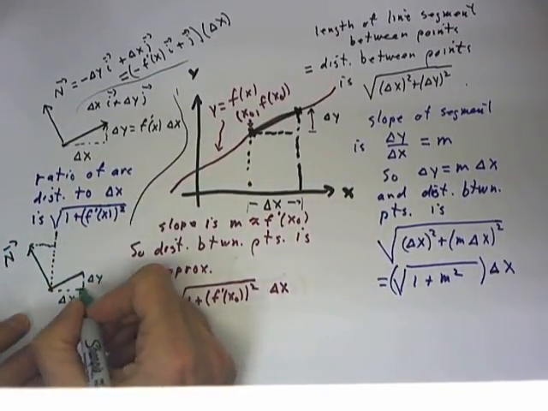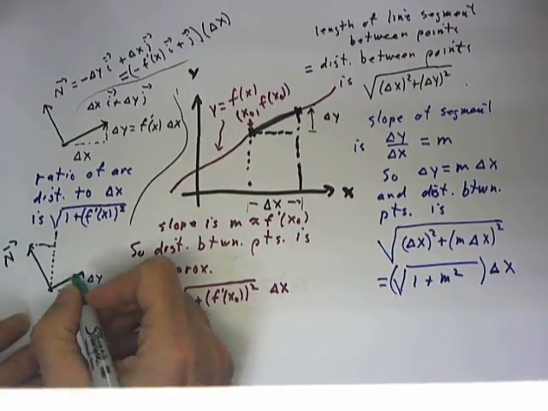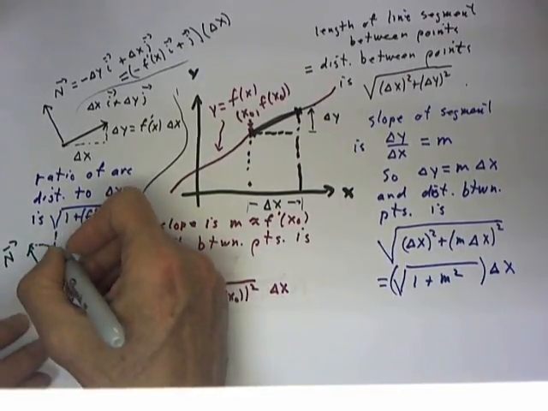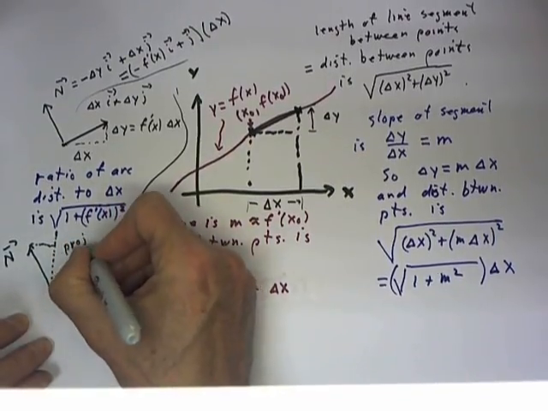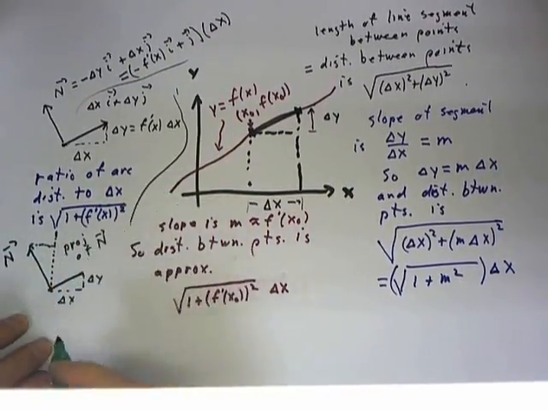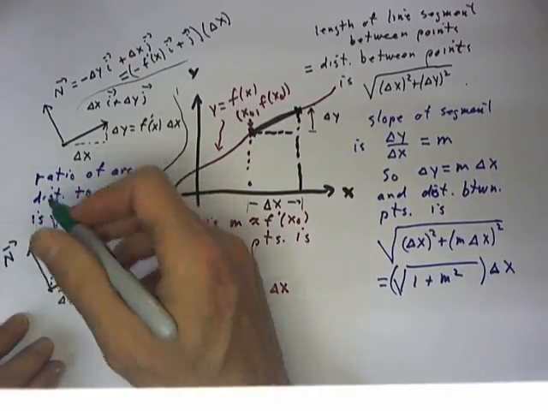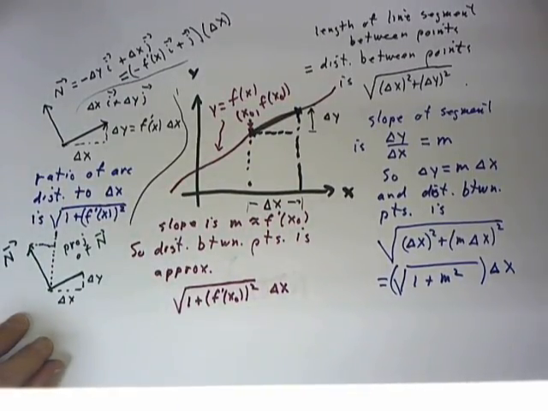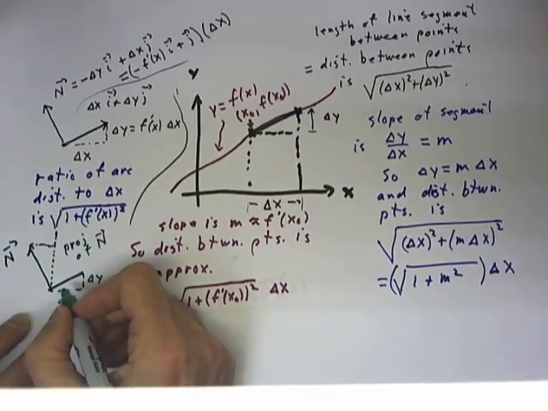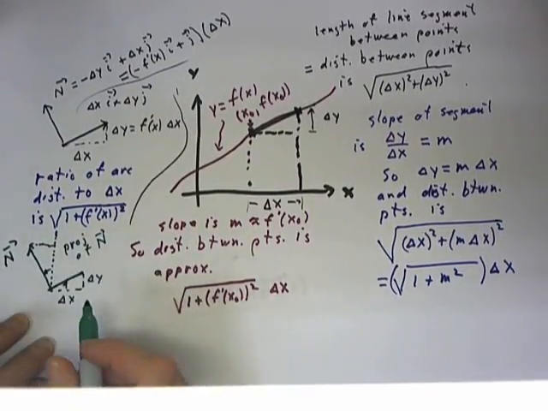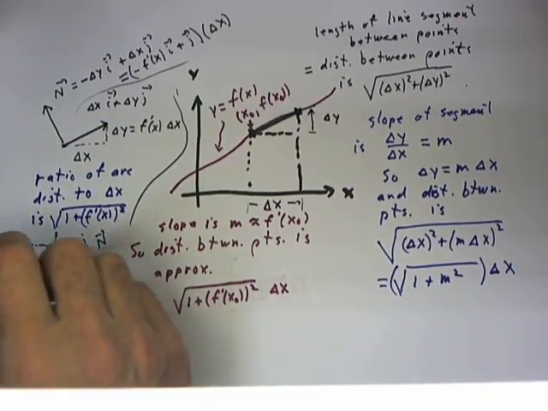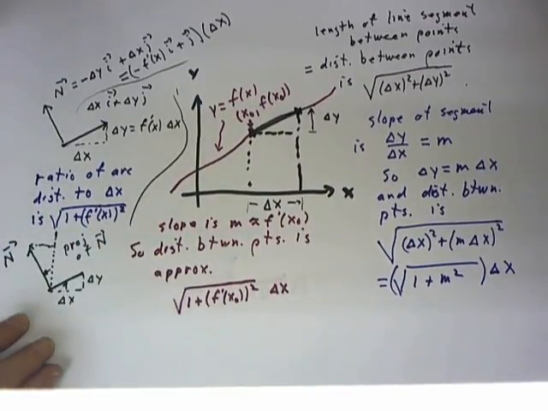So here's delta x, here's delta y, here's our n vector, and here's our projection of the n vector. I'm not going to specify the direction. I'm simply going to observe that this angle and this angle are the same, so that we have similar triangles here.